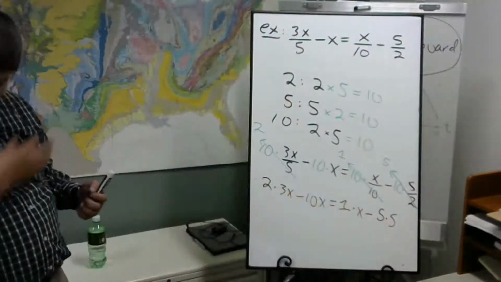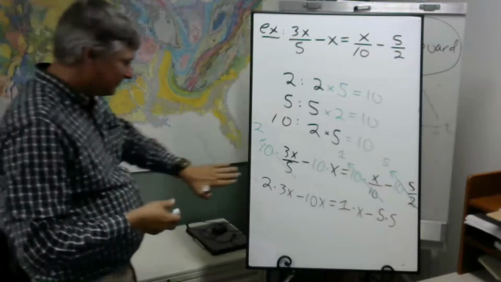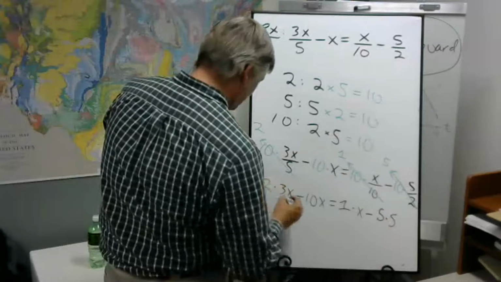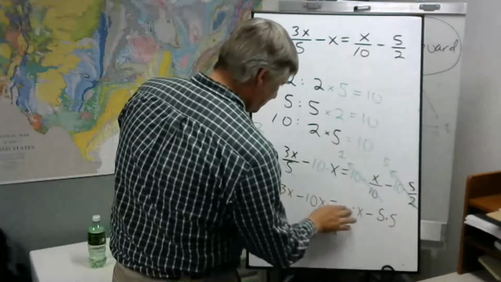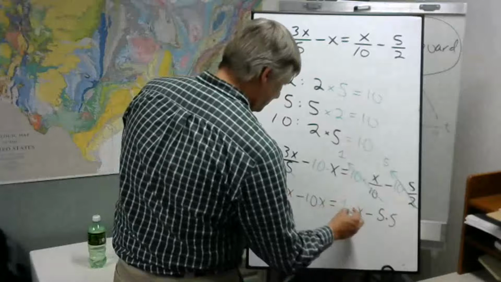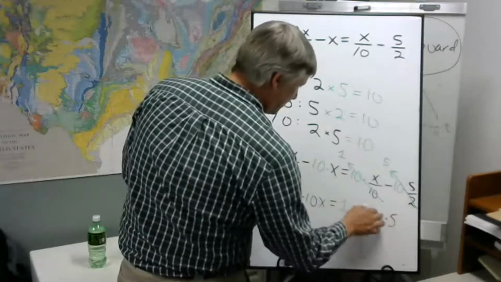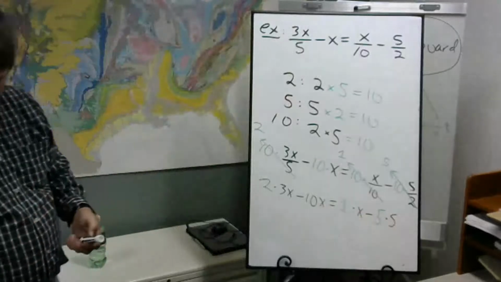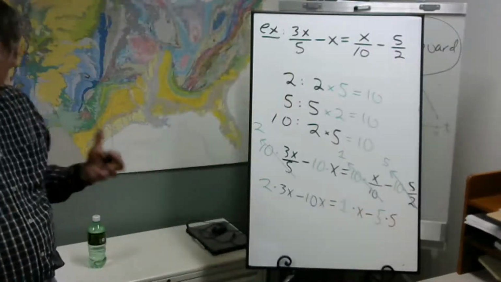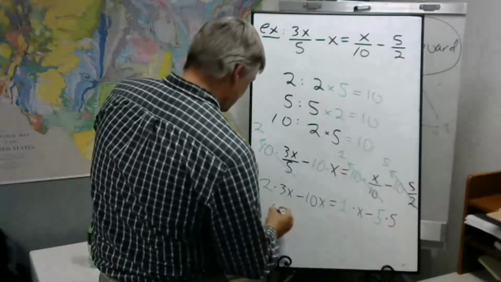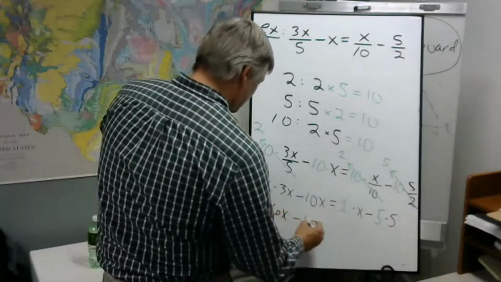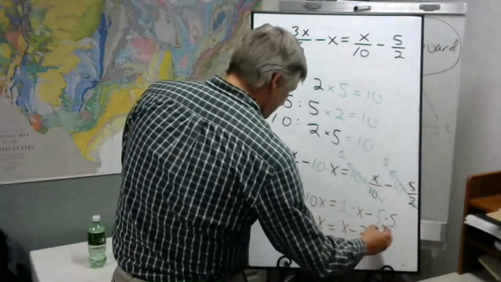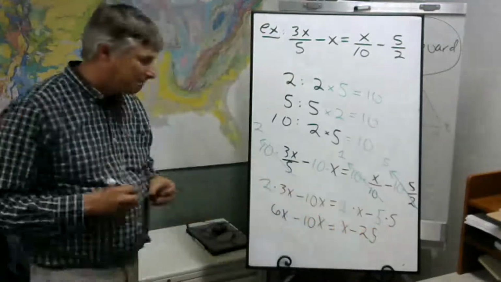And here, let me do a different pen here. So we do our multiplication. 6x minus 10x equals x minus 25.